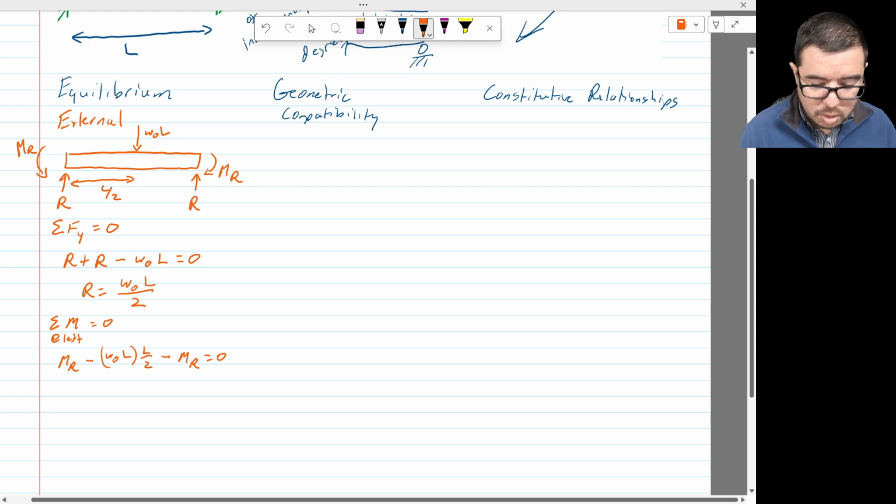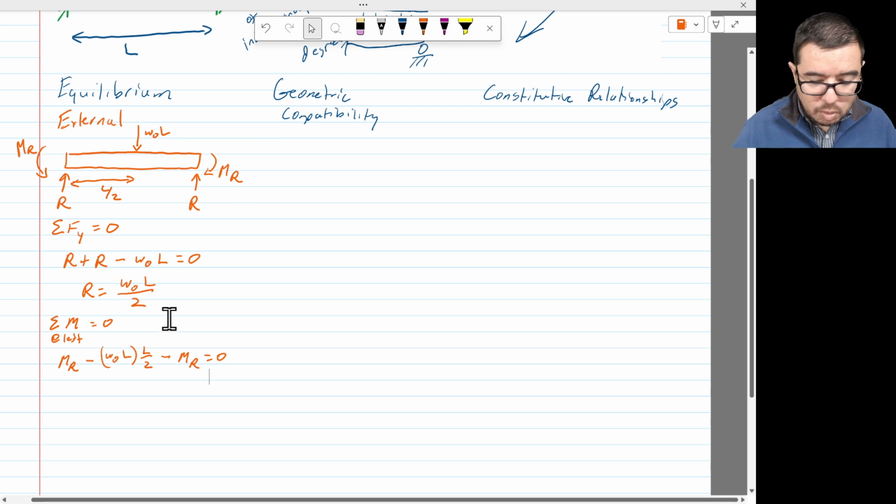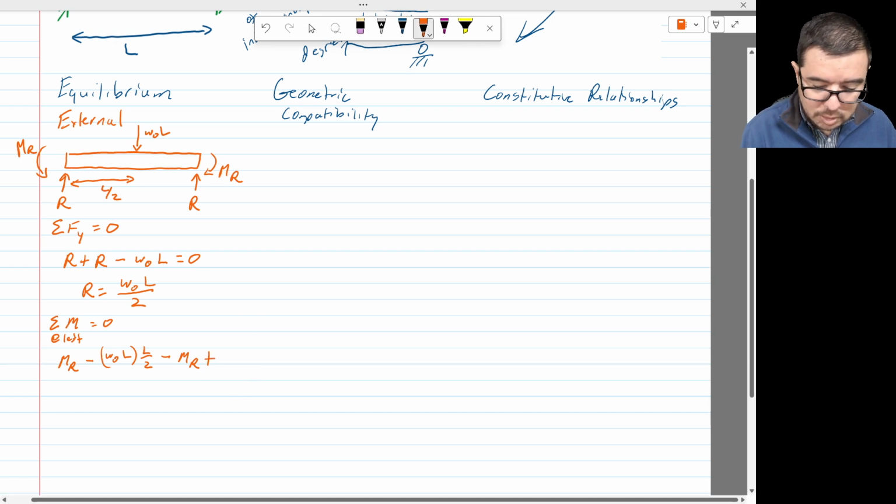Okay, so we can look at this equation and then get super perplexed. Why am I super perplexed? Well, I'm missing something. What am I missing? I'm missing the R. Okay, so I need to say this is going to be plus R L is equal to 0.